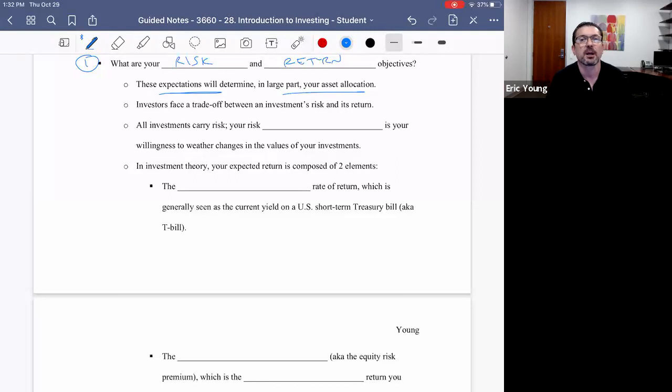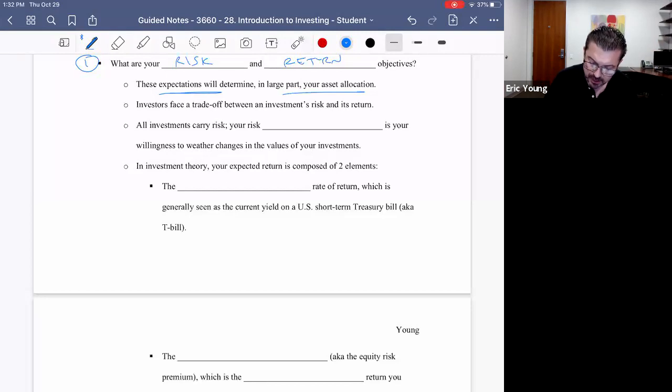You're not going to earn 30% per year in a safe investment. So if one of your goals requires a 30% per year return in order to fund it, then you've got to do some critical thinking. But your first big question: what are your risk and return objectives?